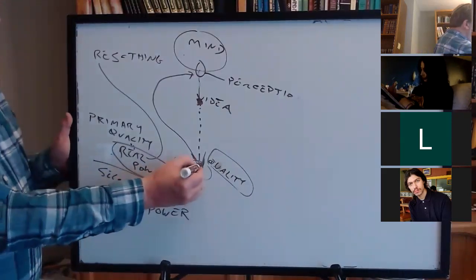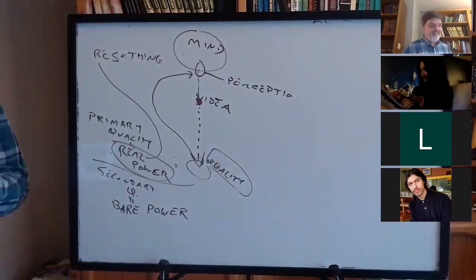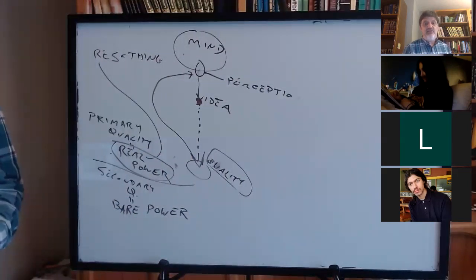Strictly speaking, quality is a name for what's in the body. So what we really should say is whiteness is an idea in me. There's a quality in the body that produces it, but it's not exactly right to call that quality whiteness because it doesn't resemble the idea.